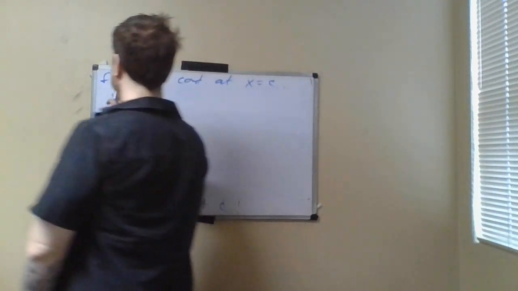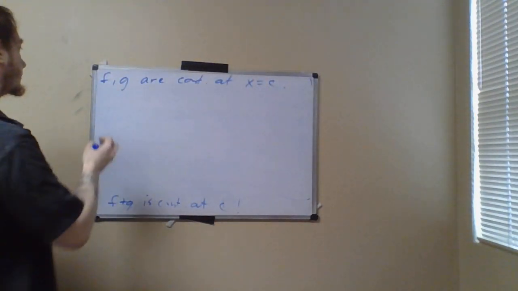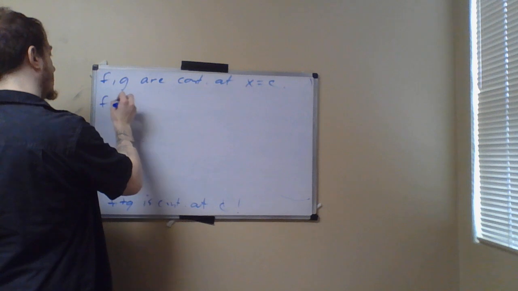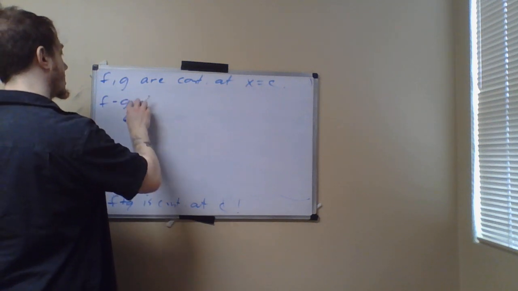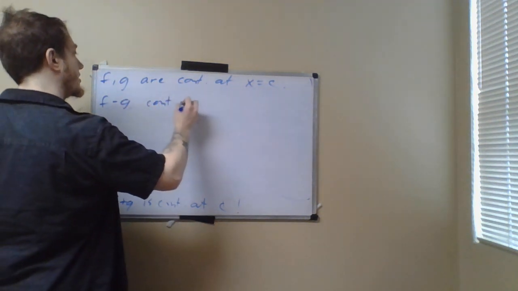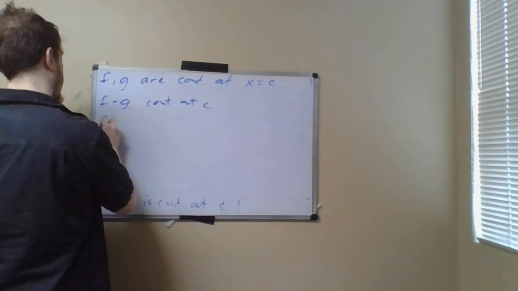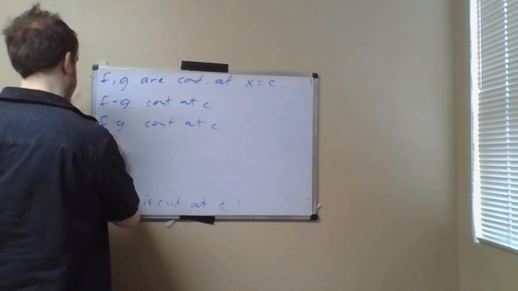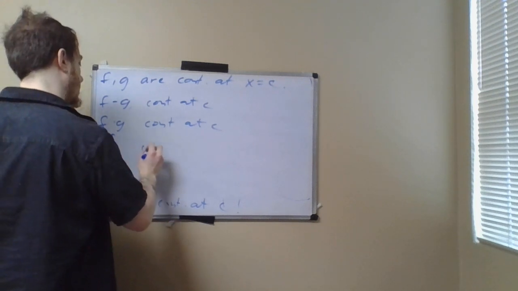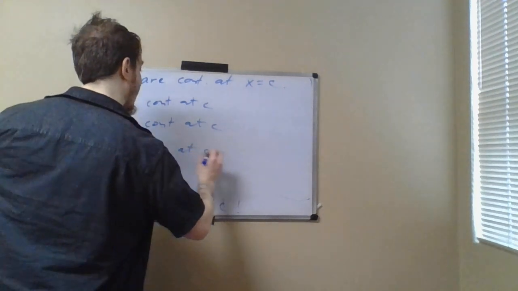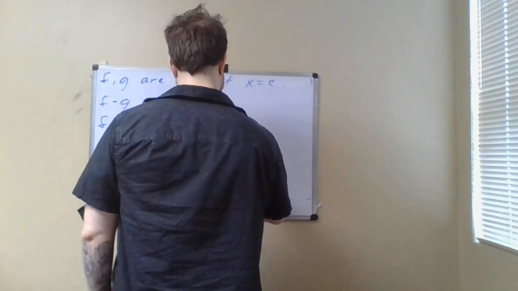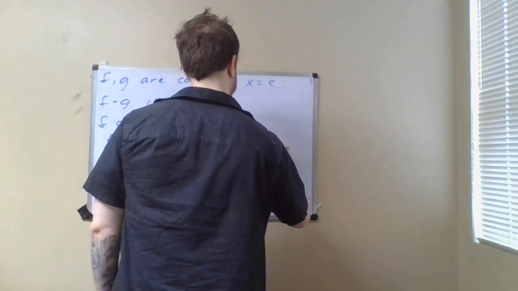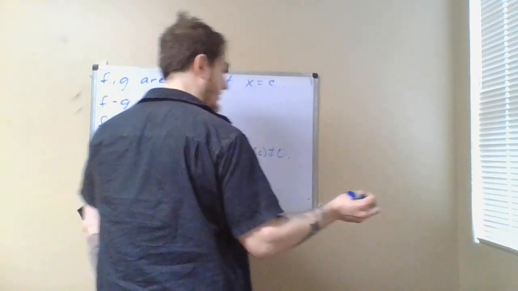So what we can say is f minus g is continuous at c, f times g is continuous at c, and f over g is continuous at c if g of c is not equal to 0.